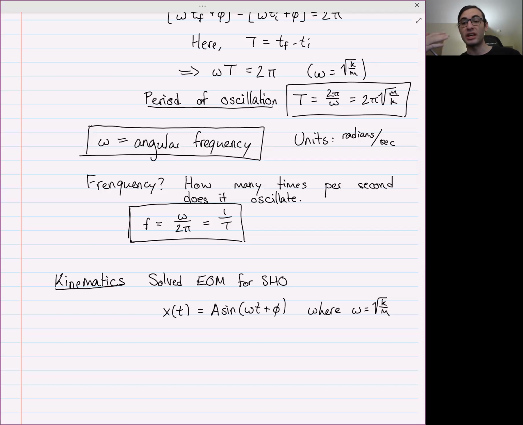Now, because the acceleration was not constant in this case, the acceleration depended on where the object was, it wasn't as easy to just integrate, because it was a little bit more involved. However, we could still find the position as a function of time. And similarly, we can find the velocity as a function of time just by taking the derivative.